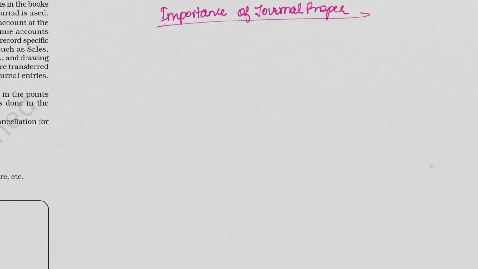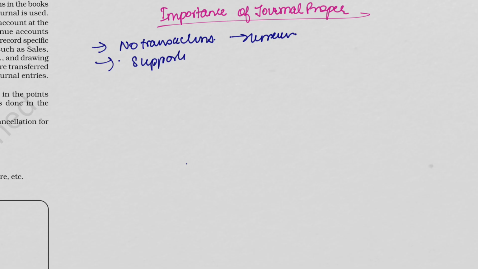So let us see the importance of journal proper. First of all, it ensures that no transactions remain unrecorded. It acts as a supporting book for special cases.